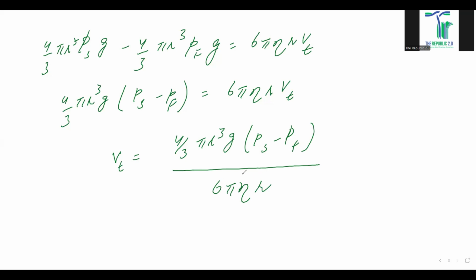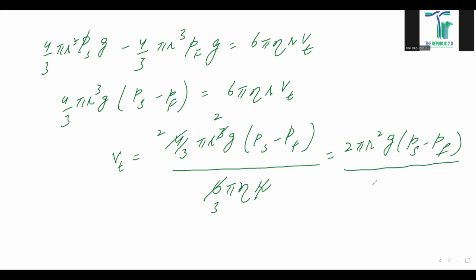Now I'm just going to solve them down. So r cancels out by this r. We'll have r squared left, and then 2 times 2, and then 2 times 3, so I'll be left with this 2 pi r squared g times (rho s minus rho f) divided by 3 times 3, which is going to be 9, right?